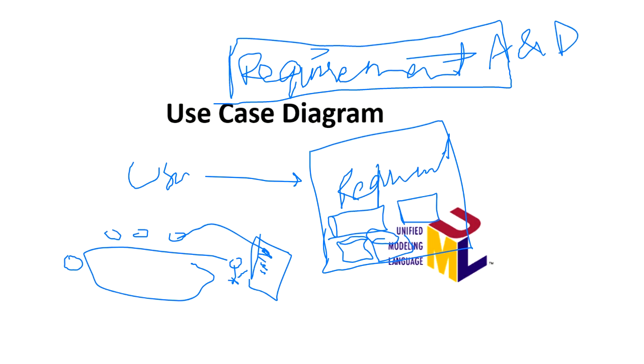And now with this requirement analysis phase, some use cases will be created. Some use case diagrams will be created. Use case diagrams are just like, suppose you have participated in a coding competition. They give you some test cases to check whether your whole project is running or not. Some small test cases, suppose they give you 10 to 15 test cases.